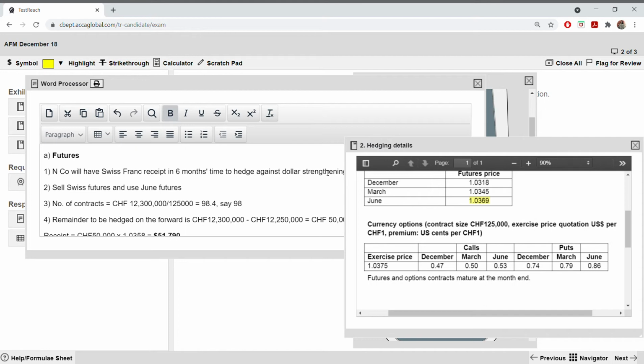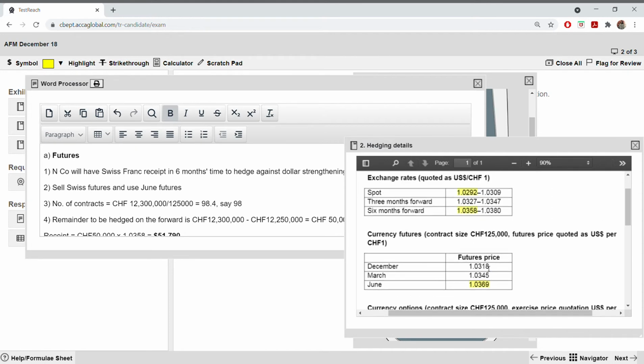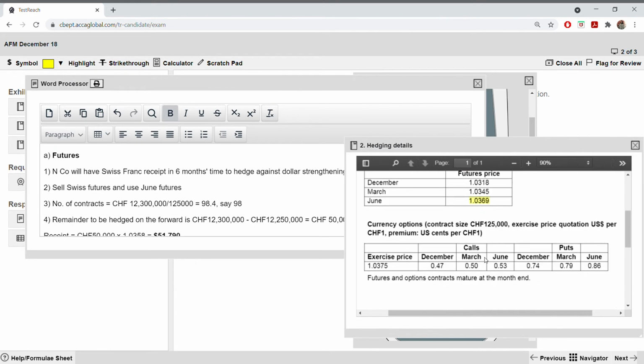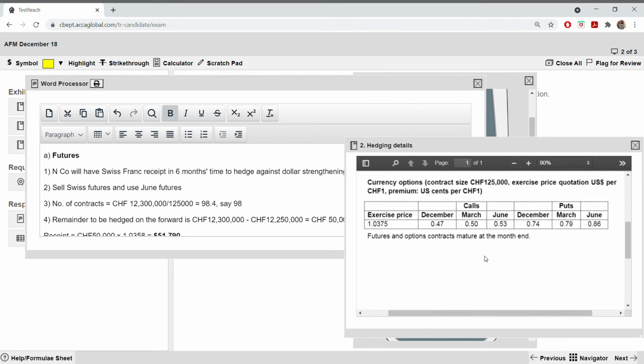Okay, 0.0358. Okay, so just check out the exercise price and the spot.